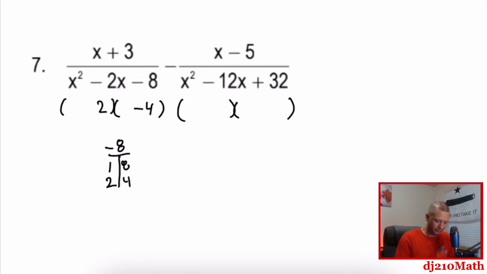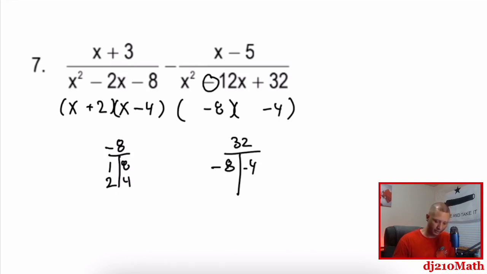This will be a negative and a positive. All right, positive 32 that add up to negative 12. 8 and 4. So they both are negative. Right, because you look here. Negative 12 is what we want.